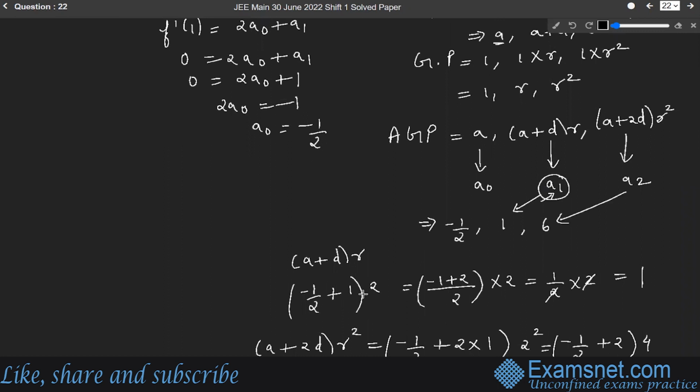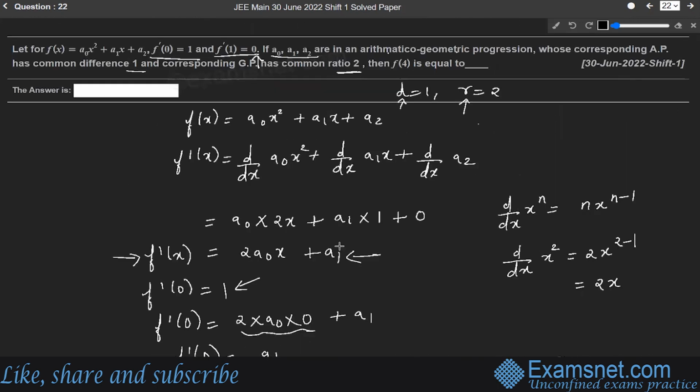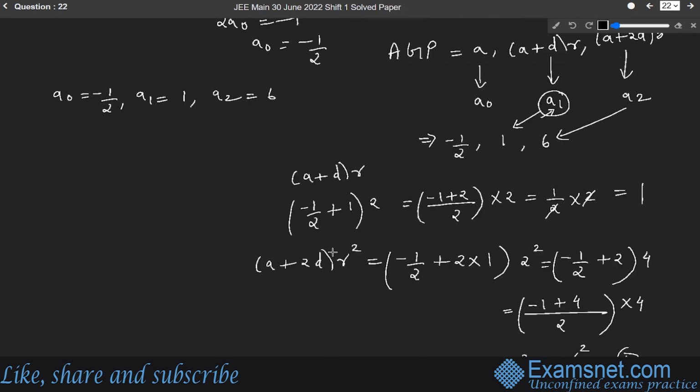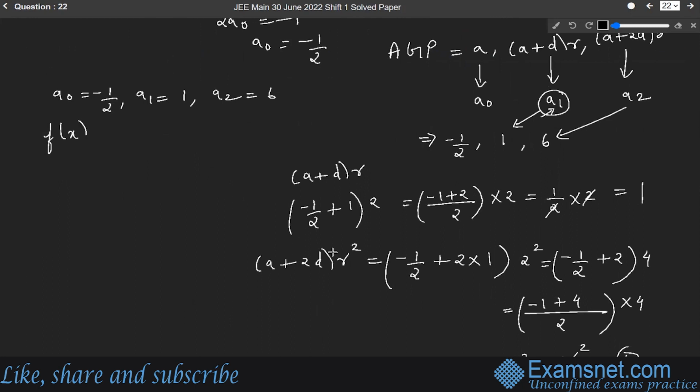Okay, so let us write all the values. We have a0 equal to minus 1 by 2, a1 equal to 1, and a2 equal to 6. Since we have all these values, we can find the actual value of f of x. The function is a0 x square plus a1 x plus a2. So let us substitute the values in the given function. f of x is equal to a0 x square plus a1 x plus a2.